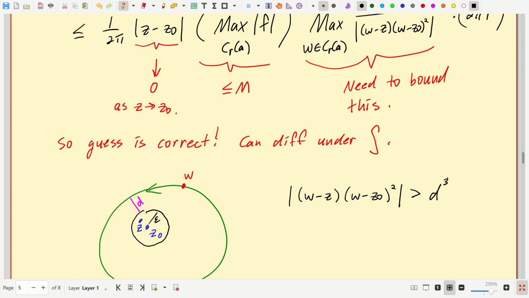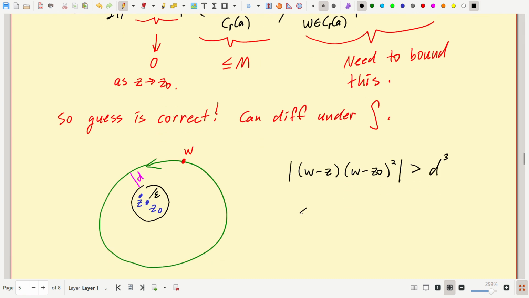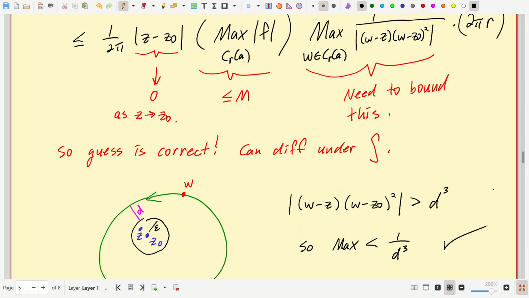And so I get that the max is less than or equal to 1 over d cubed. And so check, I can bound that. And the fact that I've got a z minus z naught in front is what makes that thing go to 0. Okay.